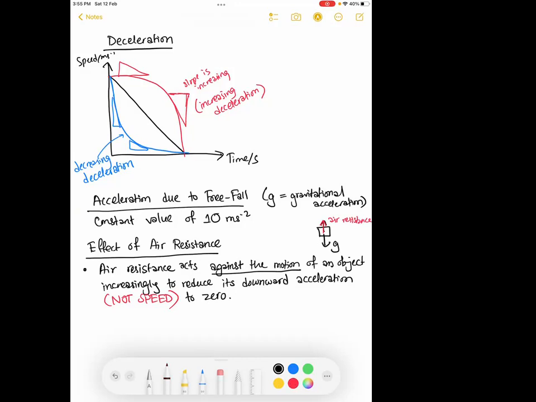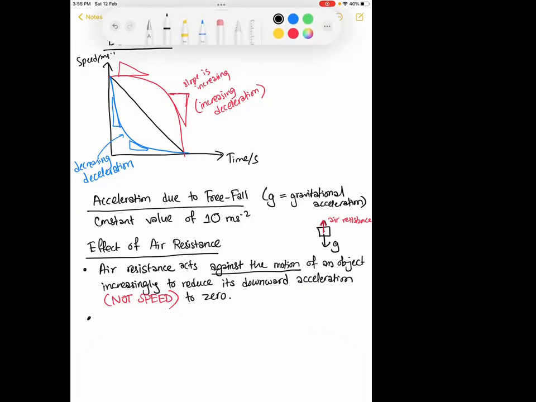Now, when the air resistance increases, no, the air resistance will increase till it is equal to the weight of the falling object, okay? But we don't have the control over air resistance, right?